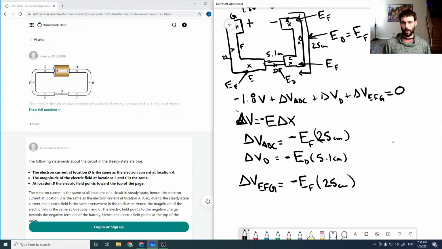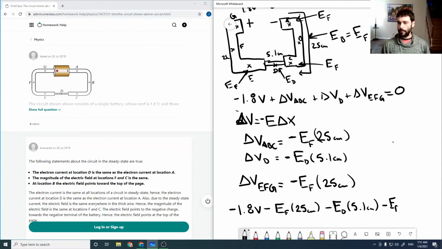Okay, and so our Kirchhoff loop is then just minus 1.8 volts minus EF times 25 centimeters minus ED times 5.1 centimeters and minus EF times 25 centimeters all equals 0.